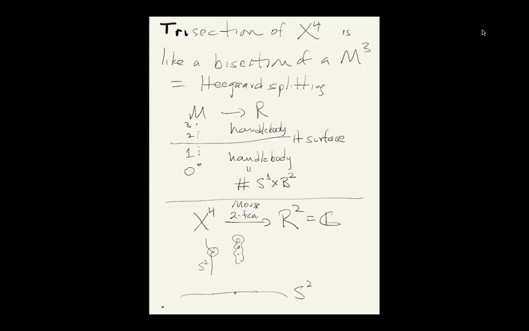So that was the picture that we want to generalize to a Morse 2 function, where we sort of lose the complex structure. Okay, so next then is, fortunately, I can't keep this blackboard.